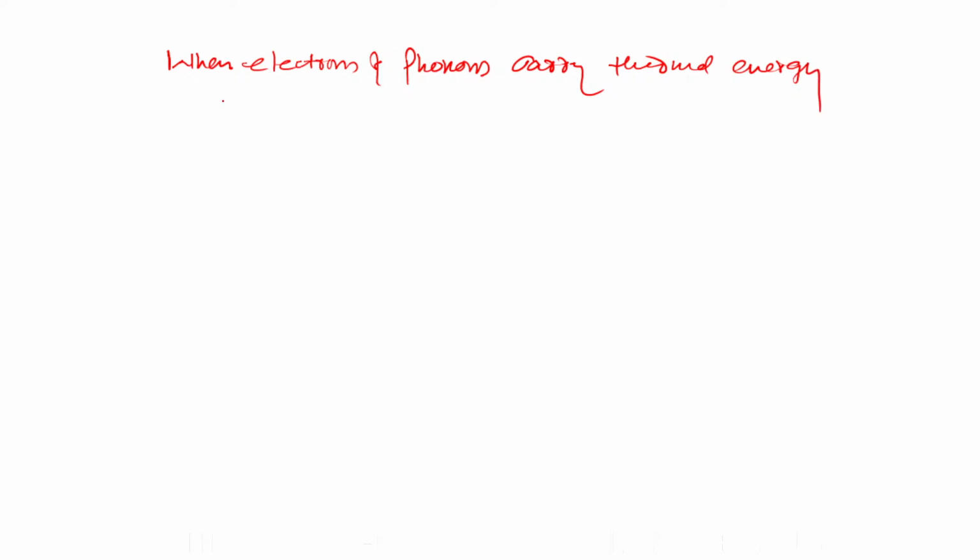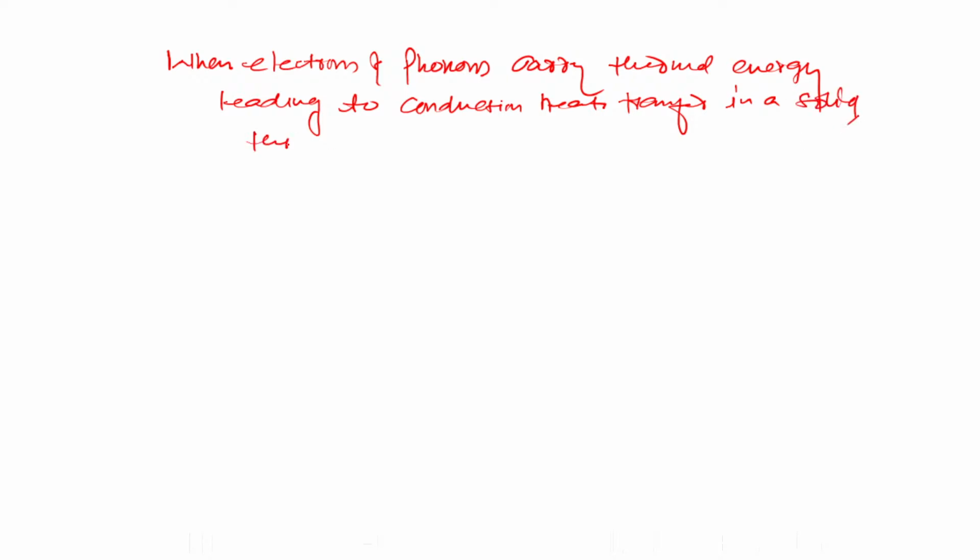So as a whole, my dear student, you can say that electrons and phonons, meaning lattice vibration, carry thermal energy, leading to conduction heat transfer in a solid. Yes or no?